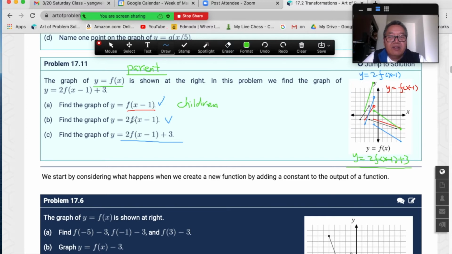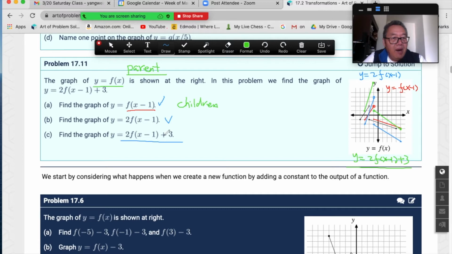Then 2 times this is just a stretch of this function in the vertical direction 2 times. Then we got the blue color, 2 times f(x minus 1). Then this one plus 3, we just shift the blue graph up 3 units.